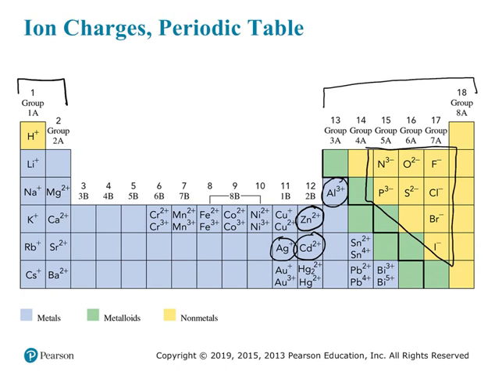So I would like you to remember the representative element charges, so groups 1 through 3 and then 5A to 7A. Don't worry too much about the middle of the periodic table because we'll see in a minute that you can figure out the charge on the metal just based on the chemical formula or the name.